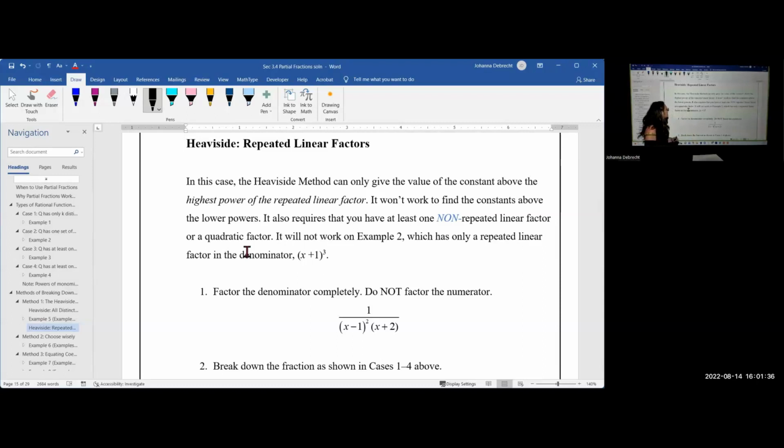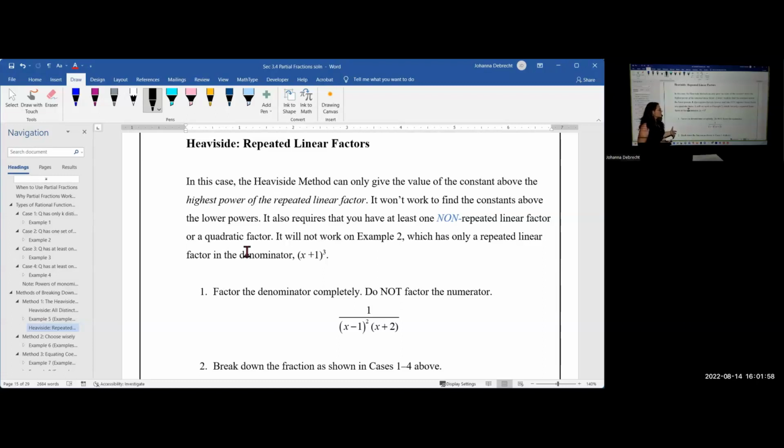So it only gives the highest power of the repeated factor. It won't work for the lower powers of the repeated factor. And it also requires that you have at least one non-repeated linear factor or a quadratic factor. In other words, you got to have something else in the denominator. It can't just be a repeated linear factor.